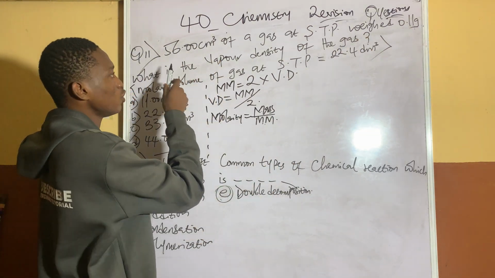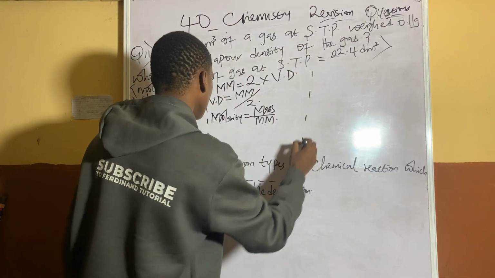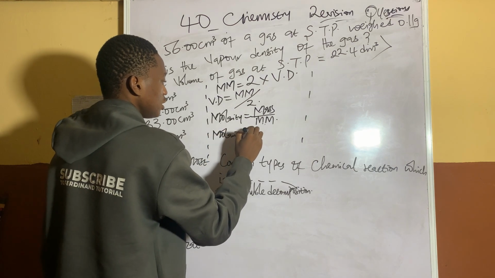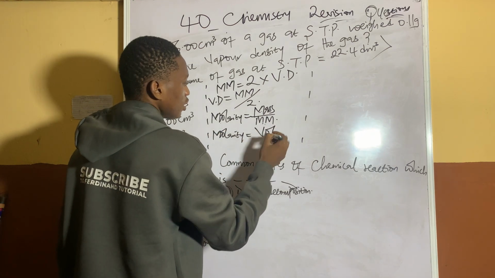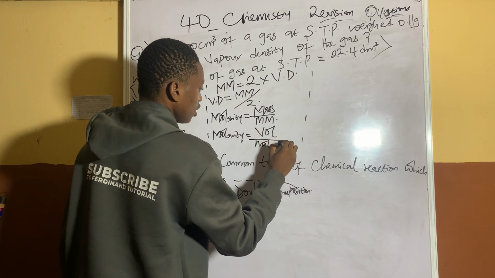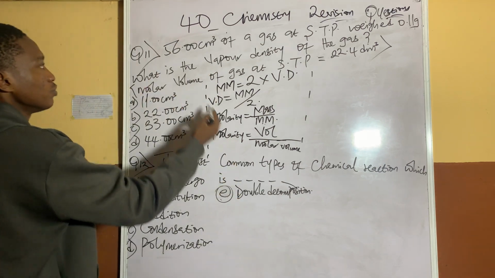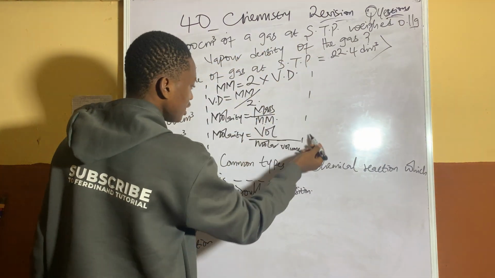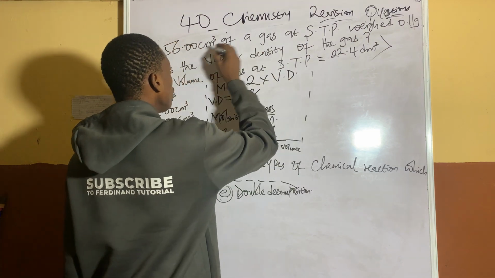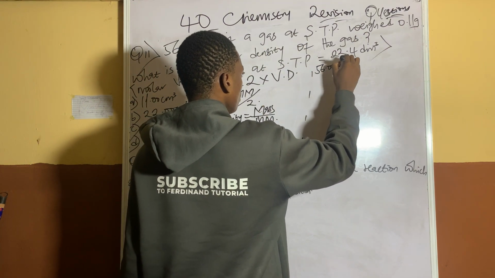Now, since they gave me volume at STP, I will use the formula molarity is equal to volume at STP all over molar volume. The volume at STP they gave me was 56.00 cm cube.